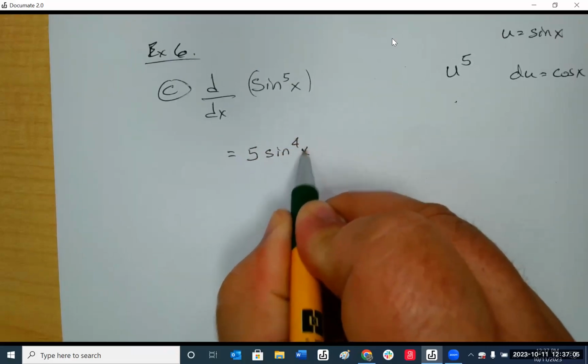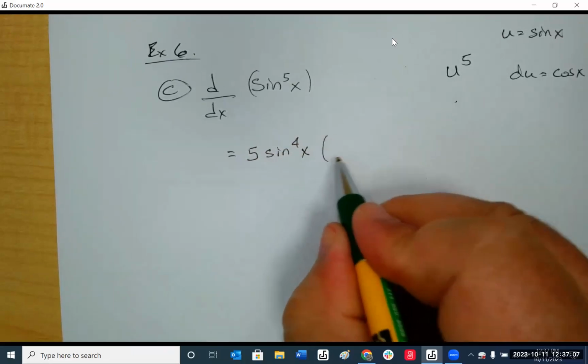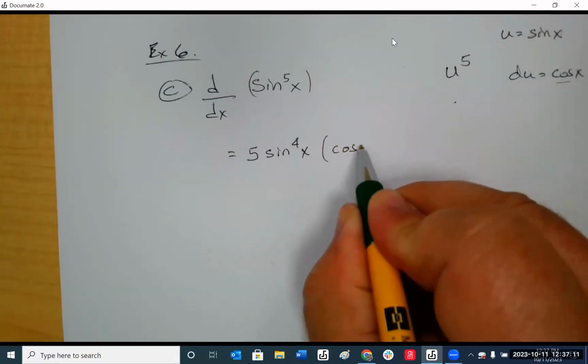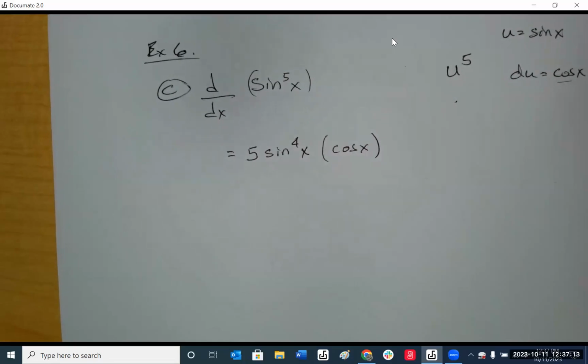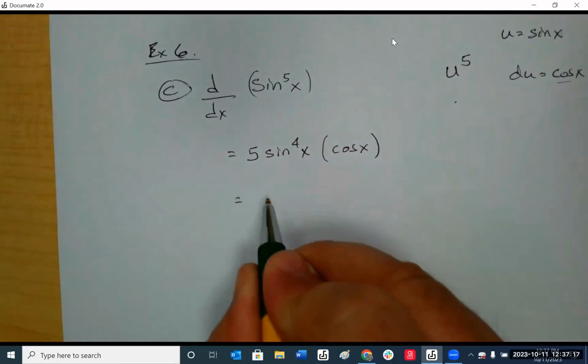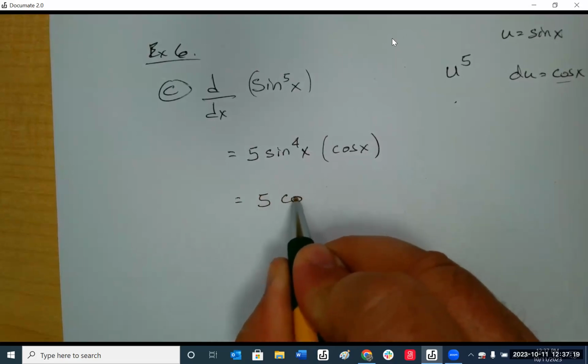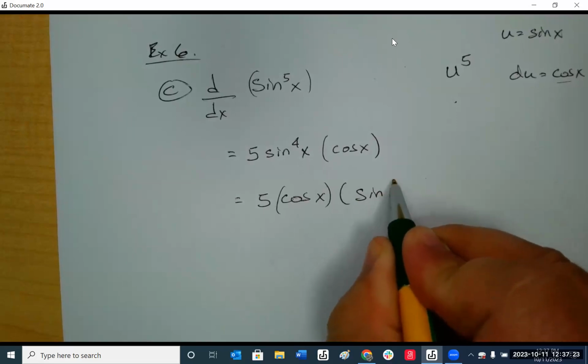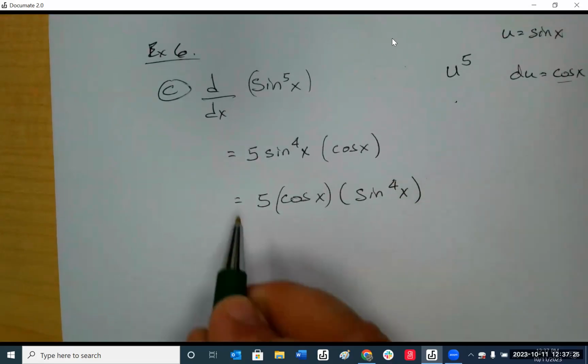So we have five sine to the fourth x times du, which would be cosine x. And there's your derivative.